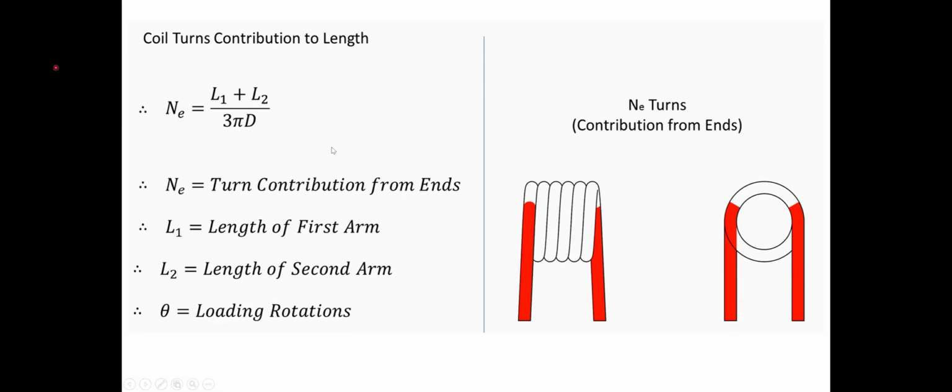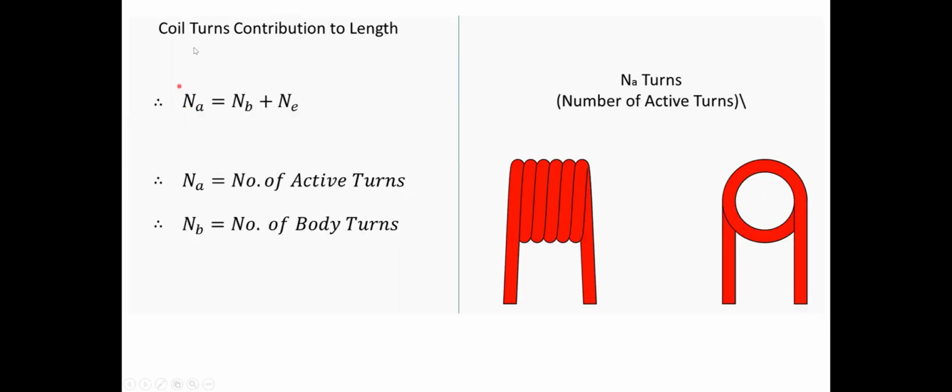So this represents the end turn. And the number of active coils equals MB, the number of body coils, plus the end turns NE, so the whole turns have to be taken into account.